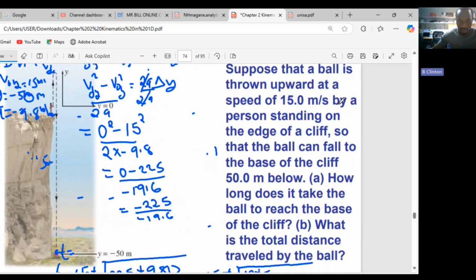Because the minus cancels the minus, you are going to have 225 divided by 19.6, and that is 11.48 meters.